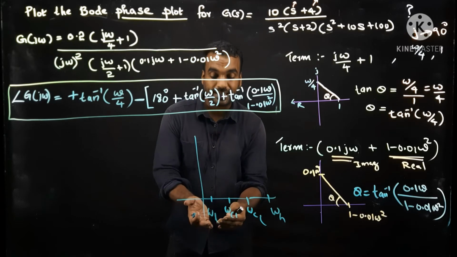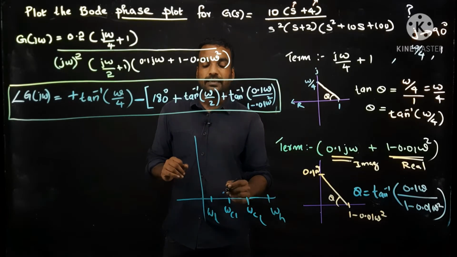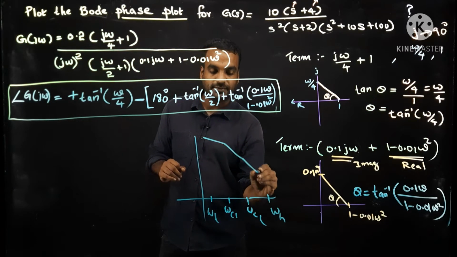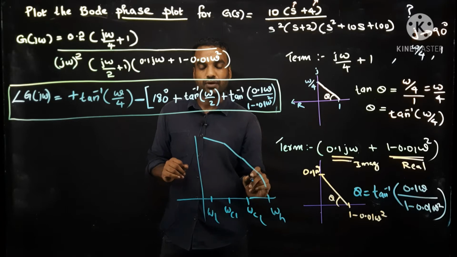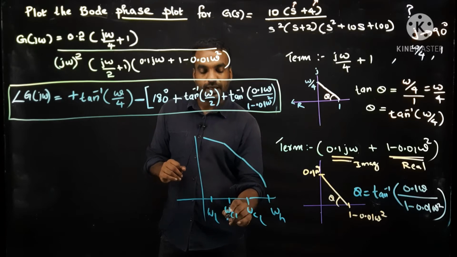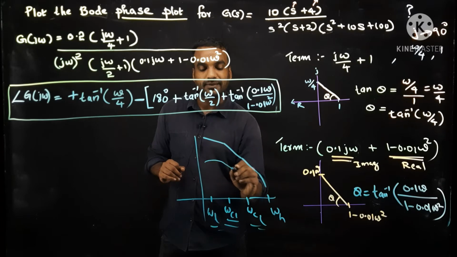If you take the same omega for this expression also, then your magnitude plot, already drawn somewhat like this, is there in your notebook as a part of the previous class. So if you are taking the same x-axis points, then your phase plot will be aligning somewhere here.